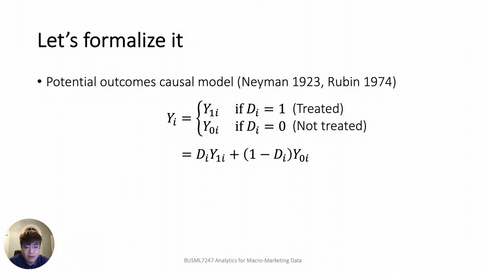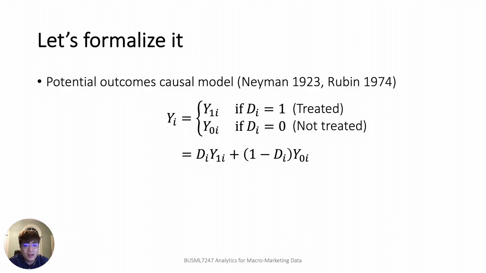Then the observed outcome is given by this function of the potential outcomes switching by the treatment assignment D_i. If D_i equals 1, the first term becomes Y_1i, and the second term becomes 0 because 1 minus D_i is 0.